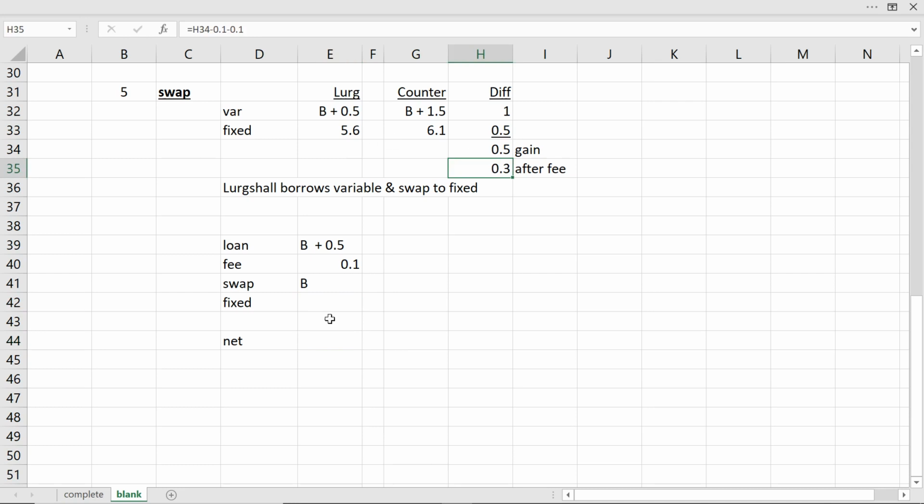So given that it can borrow at 5.6 by itself, it wants to have an outcome that's 0.15 better, so 5.45. So far we are paying base rate plus 0.5, we're receiving base rate, so that's a net so far of a cost of 0.5, and there's a fee of 0.1, so far we've got a net cost of 0.6. 5.45 less 0.6 is 4.85, and that's what I'm going to pay in the fixed rate.